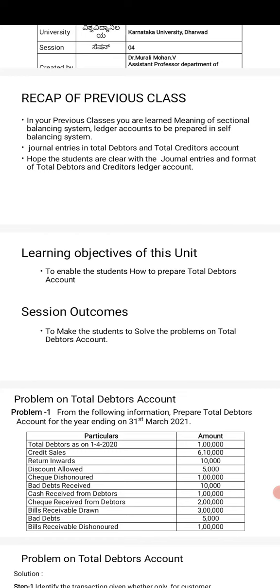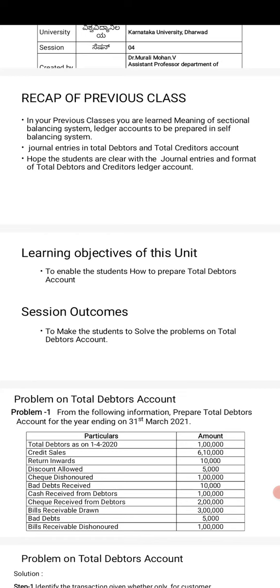Next, credit sales. Always keep in mind, a debtor is a person, a customer, who is buying goods from the company or any organization, either on cash basis or on credit basis.